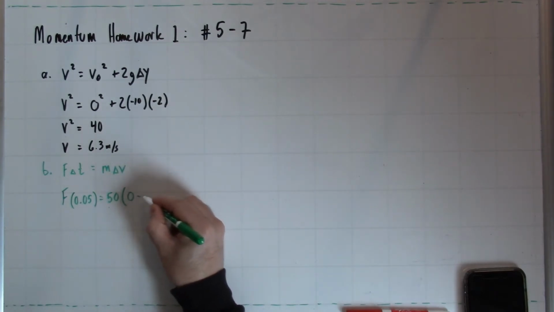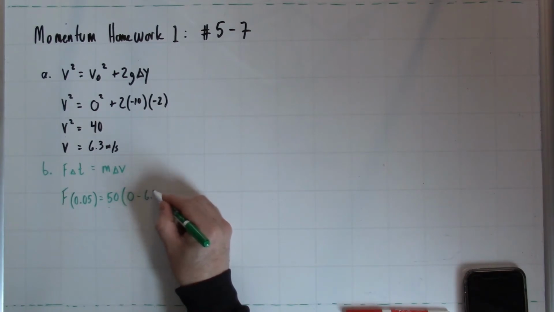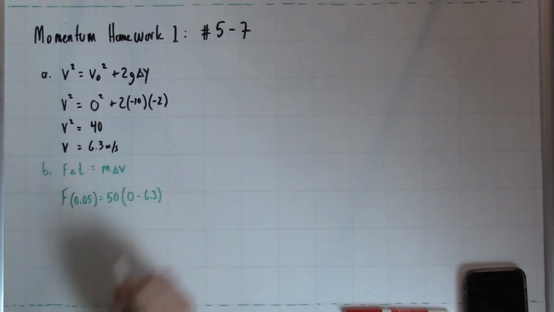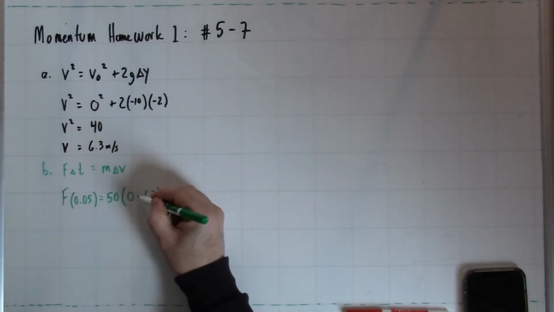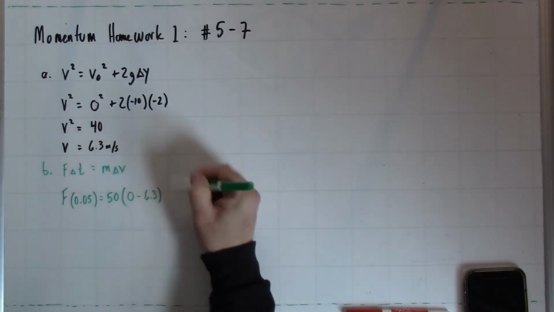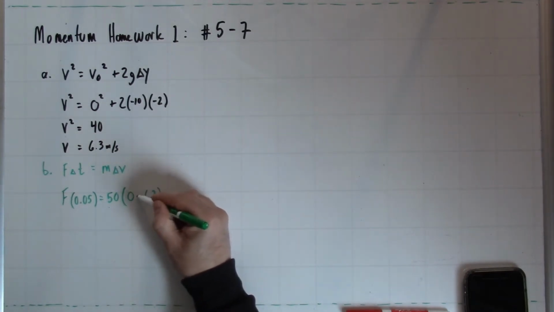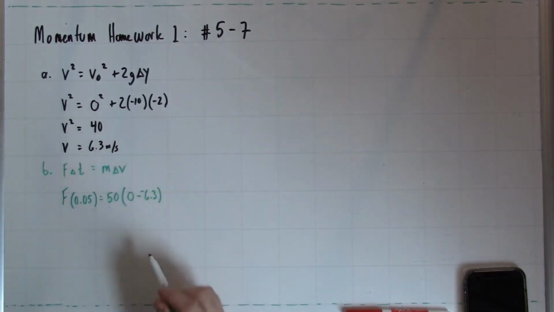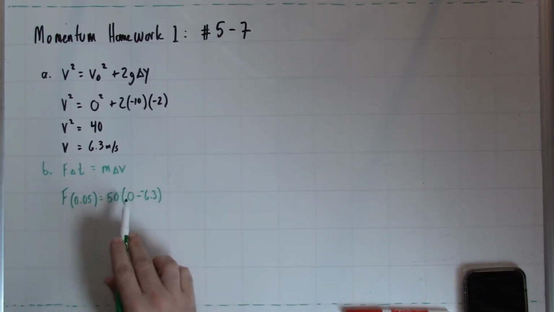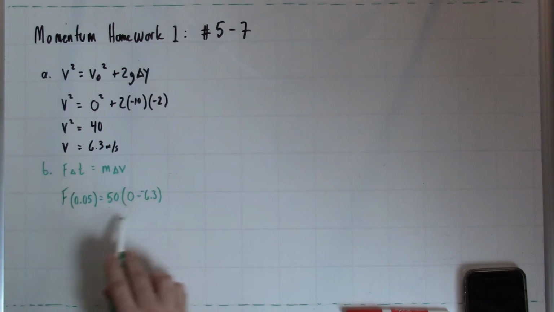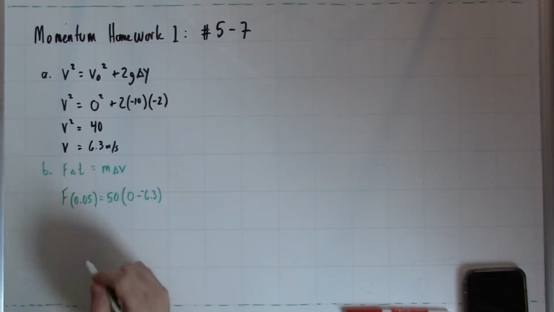The initial velocity was 6.3 meters per second. Now, the thing is, though, that this is the change in velocity, so she was moving in the down direction. So it's actually minus a negative 6.3. We're going to get the same answer because 0 plus 6.3 or 0 minus 6.3 is going to give us the same numerical answer, but the direction is going to be different.